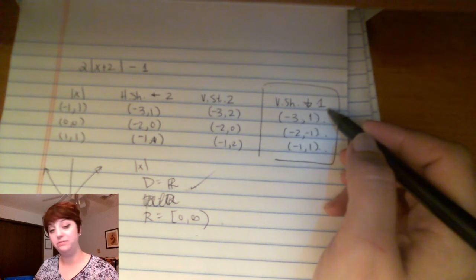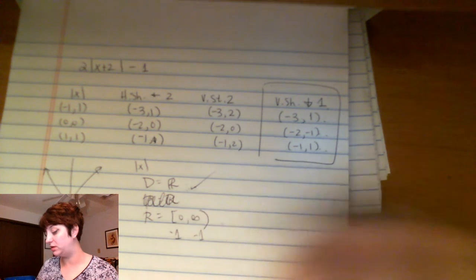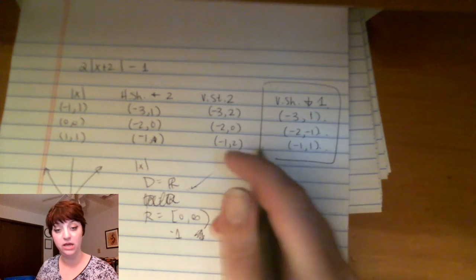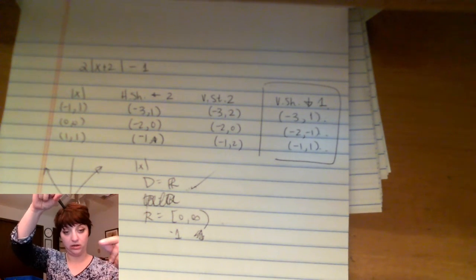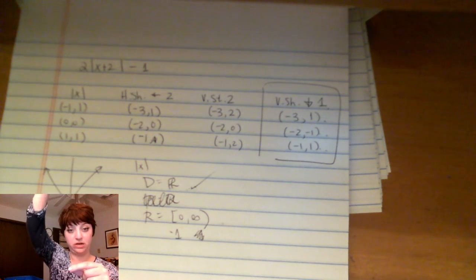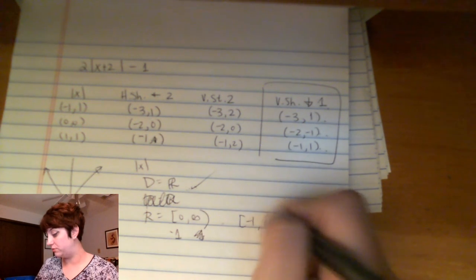Vertical shift down 1. So now I'm going to subtract 1 from each of these. Well, infinity is infinity. You can't really subtract 1 from it. It's still infinite. It's like picking up my real line from 0 to infinity and scooting everything down 1. So it still goes up to infinity, but it just starts a little bit lower. So you go -1 to infinity.